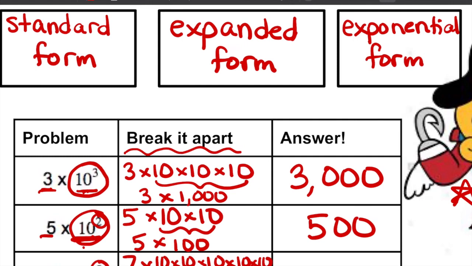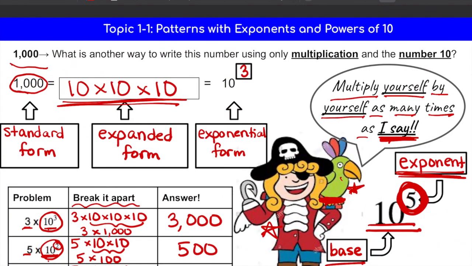So we keep doing that. And a little trick too, guys, if you're multiplying just with zeros, all the other numbers are just a 1, and then add 5 zeros. So we get 100,000, and 7 times 100,000 is 700,000.